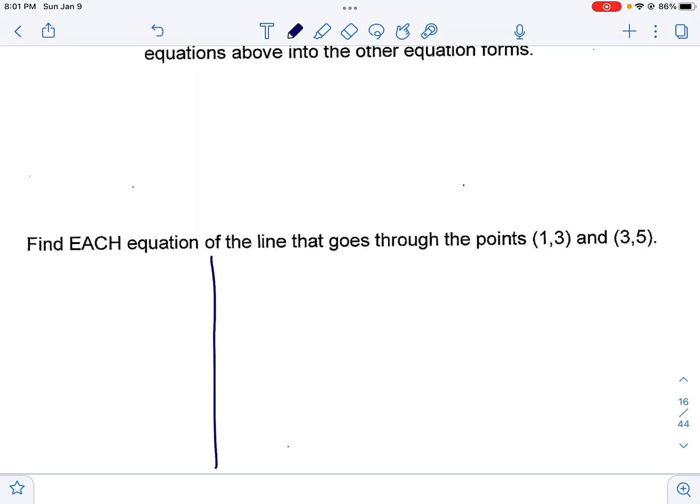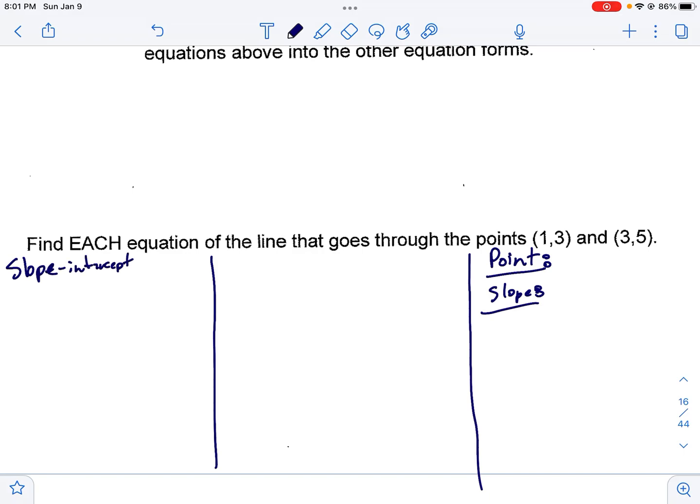All right, before we get going, I'm just going to take a second to organize my work. To find point slope, we're going to need to have a point on the line, and we're going to need to find the slope of the line. To find slope-intercept, we're going to need to find the slope, and we're also going to need to find the y-intercept.